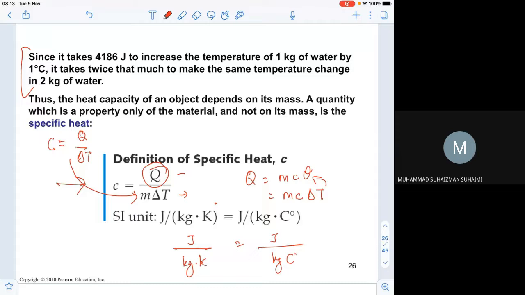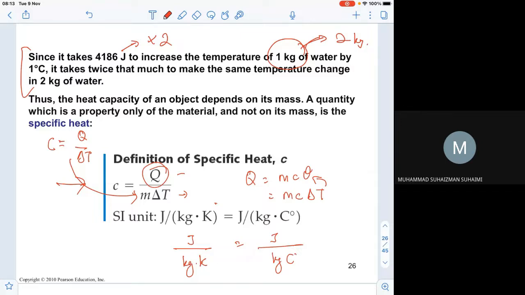If we double the water, let's say 2 kilogram of water, it will take twice the energy. So we need to add mass into the specific heat.